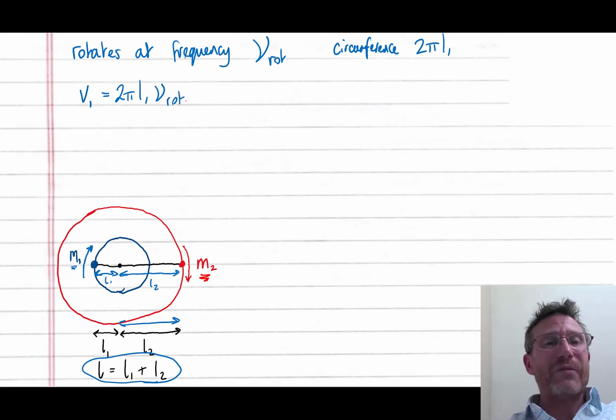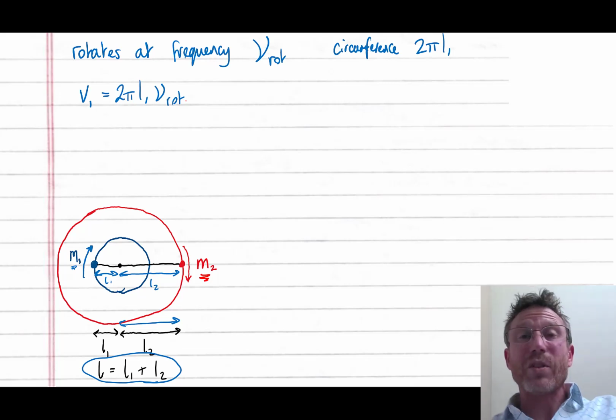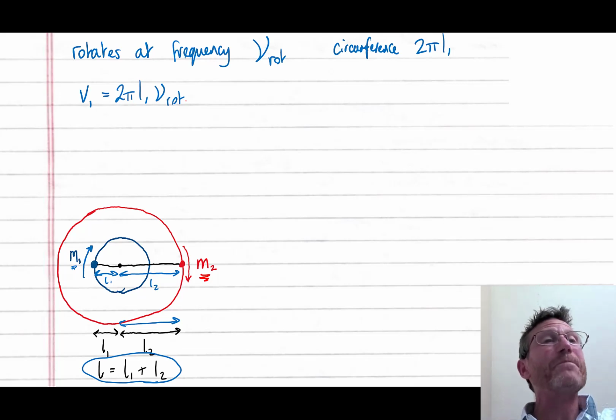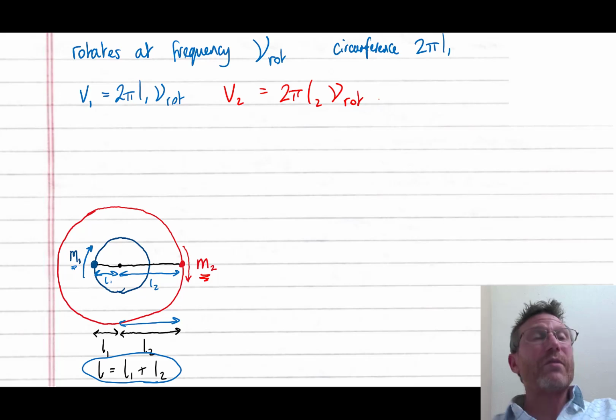Okay, and so that's the velocity. That's what we care about. Later, of course, we're going to be thinking about the kinetic energy. We can also write the same thing about V2. Let's change color here just to be consistent. So V2 is equal to 2 pi L2 nu rot. Of course, it's a rigid rotor, so they're moving around the same number of cycles per second.